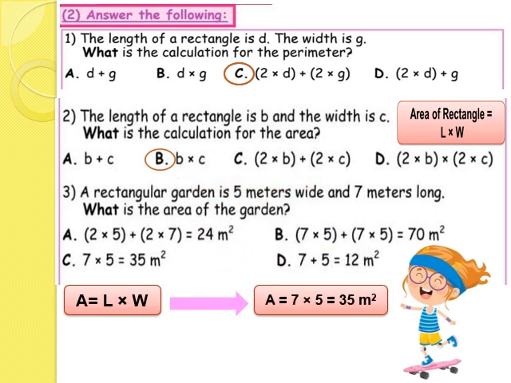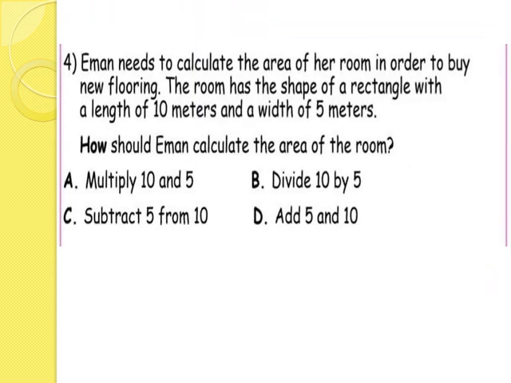So the area equals 7 multiplied by 5 equals 35. Don't forget, 35 what? Meter? No, not meter. Meter square. Excellent, good job. Don't forget meter square because it's an area unit. The answer is number C.